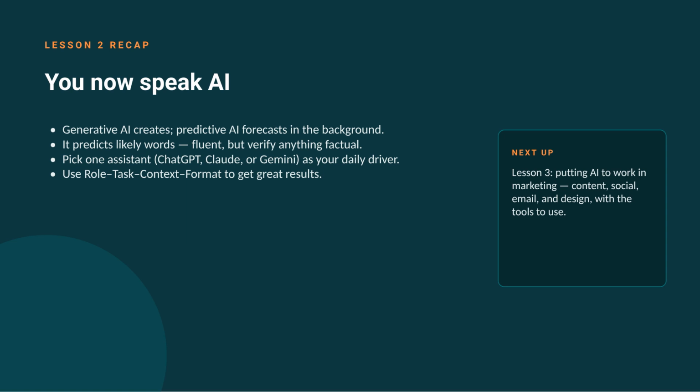And use the role, task, context, format recipe to get sharp, useful results every time. You now understand the engine under the hood. From here on, it's all practical application. In Lesson 3, we put AI to work where most owners see the fastest payoff: marketing. We'll cover content, social media, email, and design, with the exact tools to use. See you there.